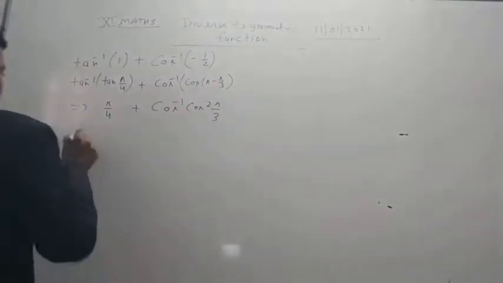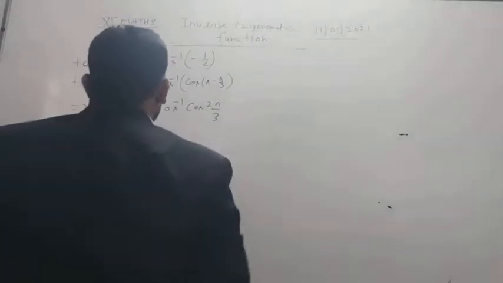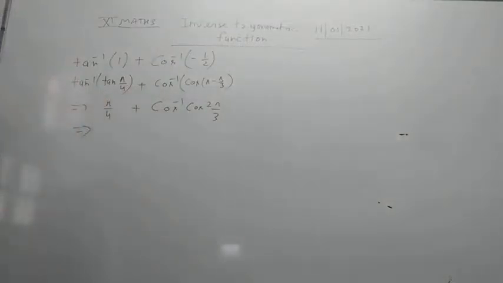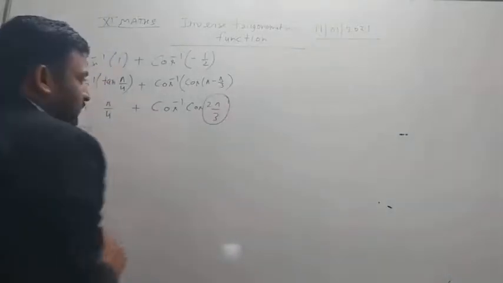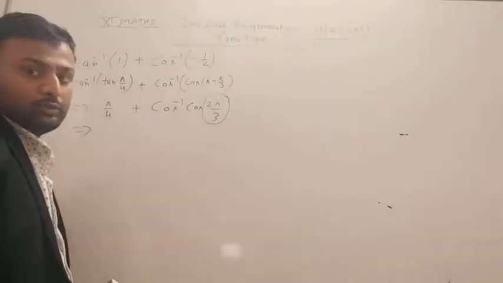Now students, this pi by 4 lies in the principal value branch of tan inverse, which is minus pi by 2 to pi by 2, and this 2 pi by 3 also lies in the principal value branch of cos inverse, which is from 0 to pi.